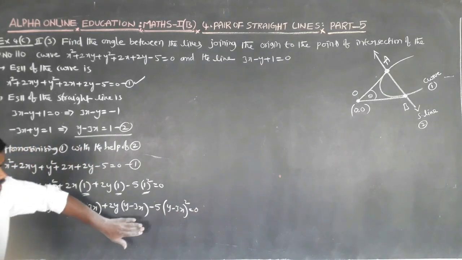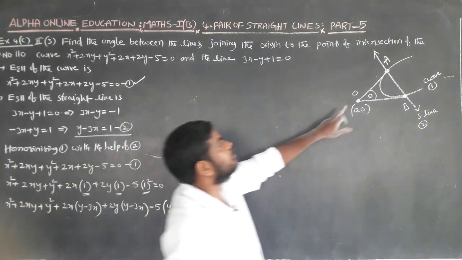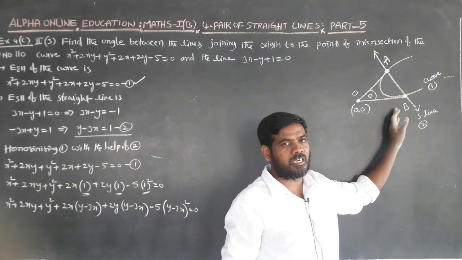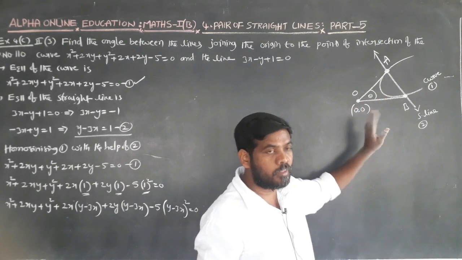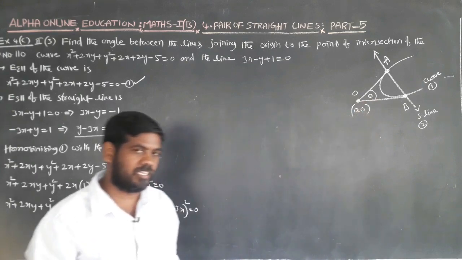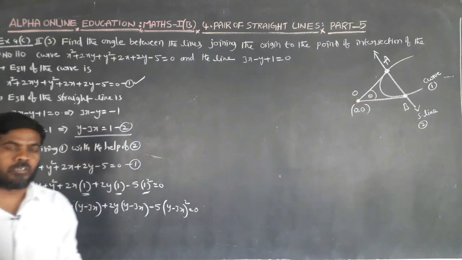This is the equation representing a pair of straight lines OA and OB, or the combined equation of the lines OA and OB.